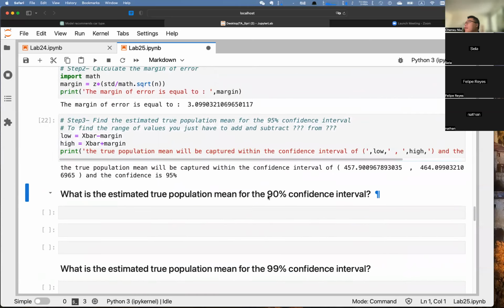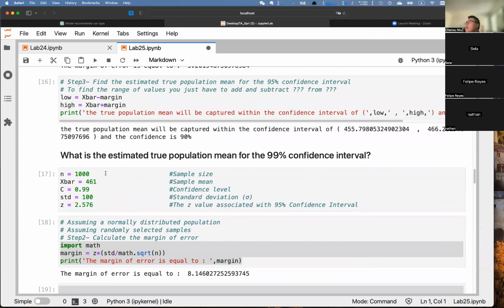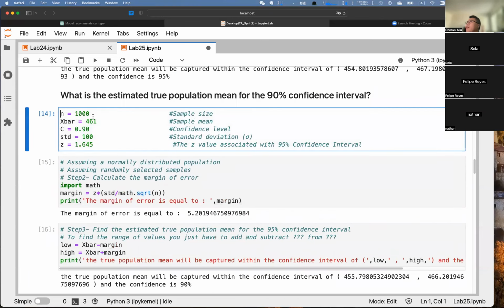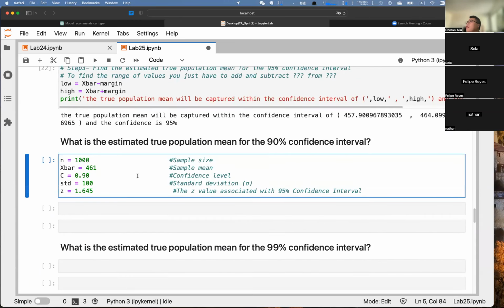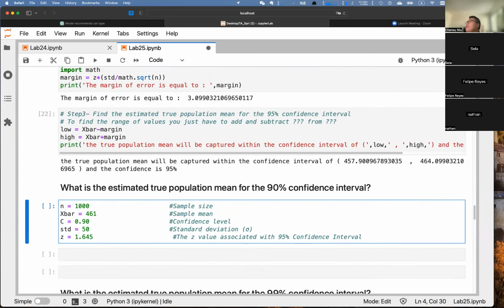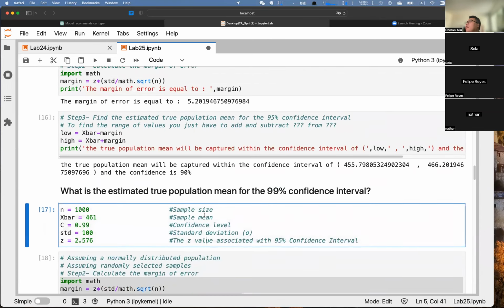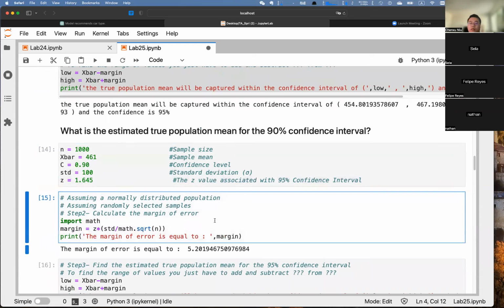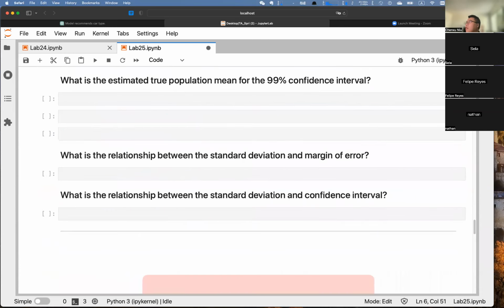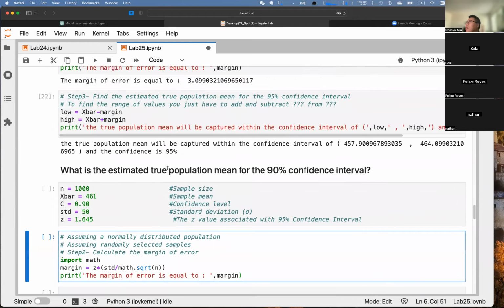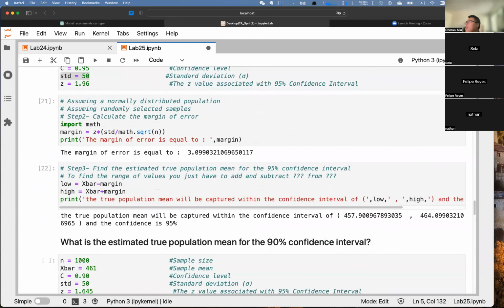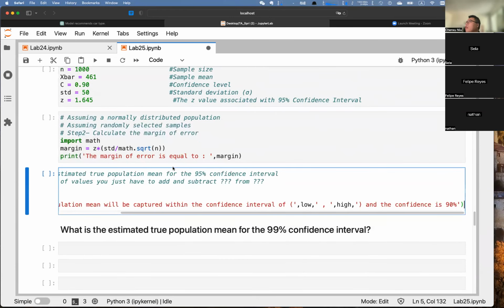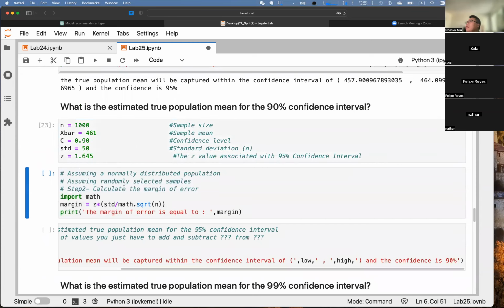And next one, 90%. You can copy from here, from 40, but you need to revise here. It's 50, not 100. Do that again.